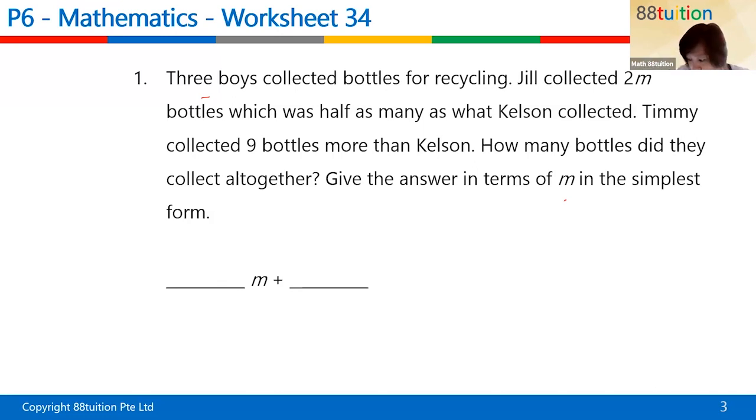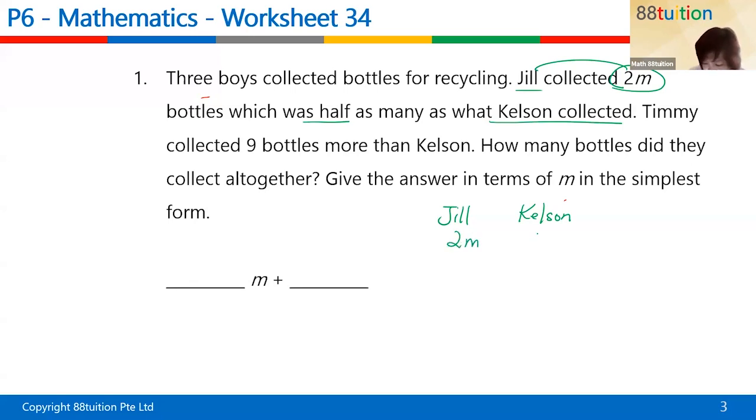So Jill collected 2M, which is half as many as what Kelsen has collected. So that means if I were to put them into columns, I have Jill and I have Kelsen. So Jill will have 2M, and this is half of Kelsen. That means Kelsen must have double of it.